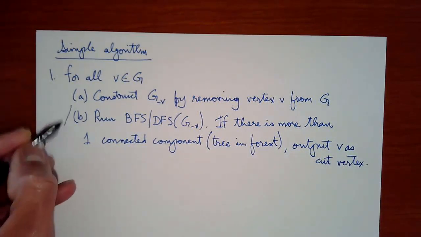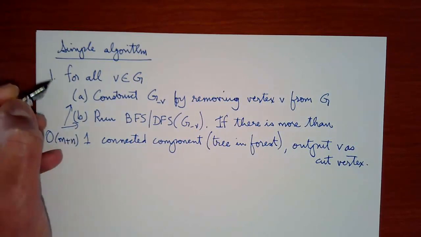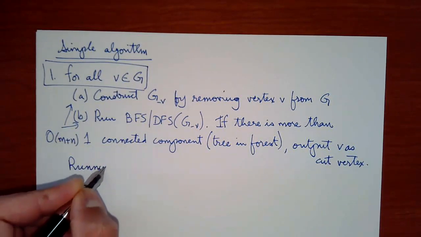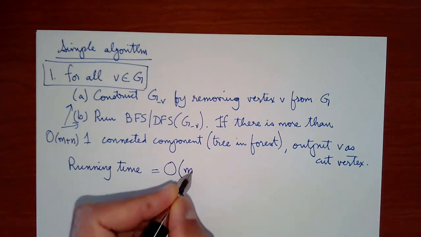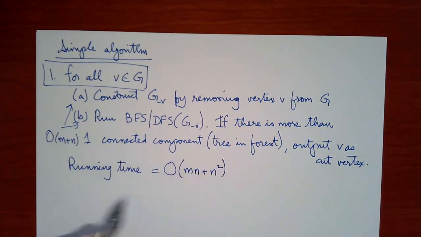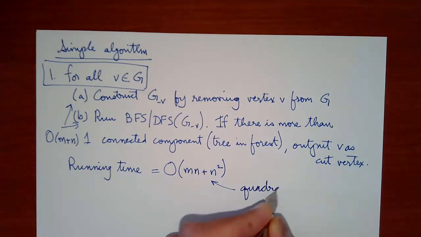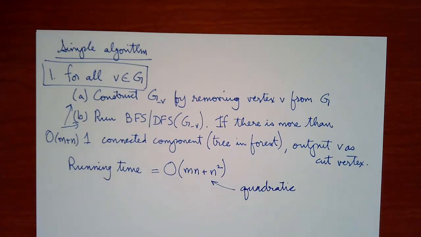Okay, so these steps run in O of m plus n, but this is running n times, and so the running time is essentially O of mn plus n squared, and this is quadratic. Or depending on what m is, it's quadratic or worse.